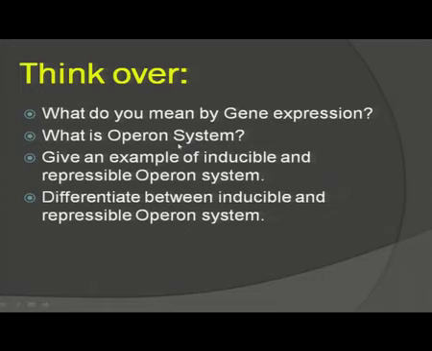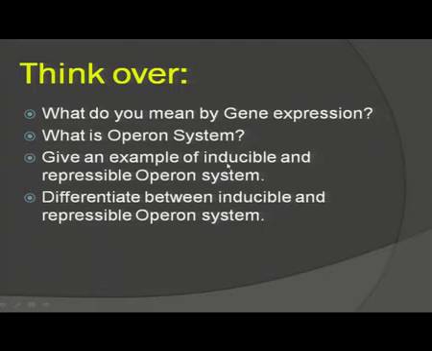You have learned in this session about the Operon system, which controls the regulation of gene expression in bacteria. So, you have to know about the operon system. Give an example of inducible and repressible operon system. You learned about two different types of operon system in prokaryotes.